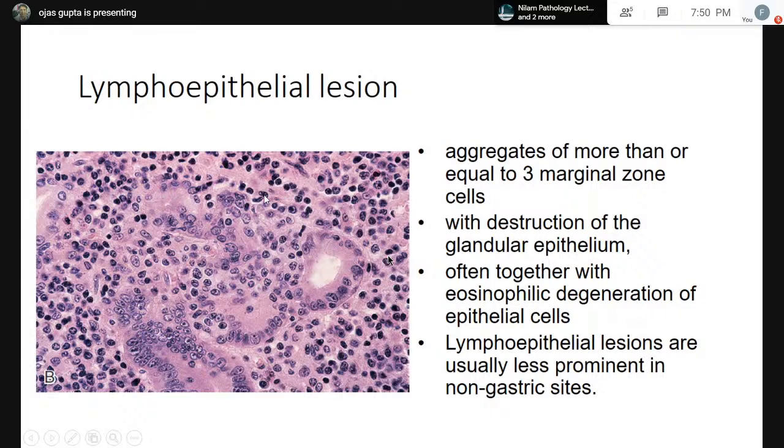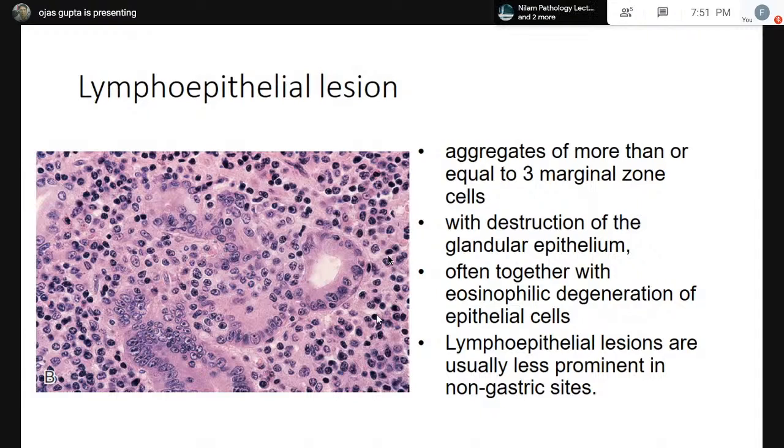These cells are causing destruction of the glandular epithelium, with eosinophilic degeneration of these cells. This is called a lymphoepithelial lesion, and it comprises aggregates of 3 or more marginal zone cells. So we are dealing with a marginal zone lymphoma, and these lesions are less prominent in non-gastric sites, and most prevalent in the gastric site.